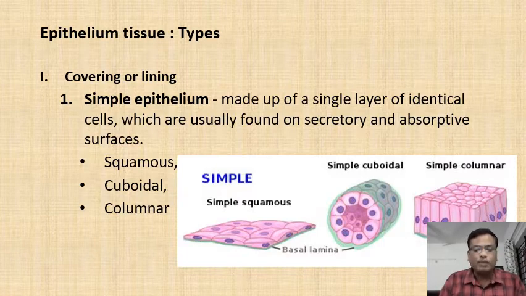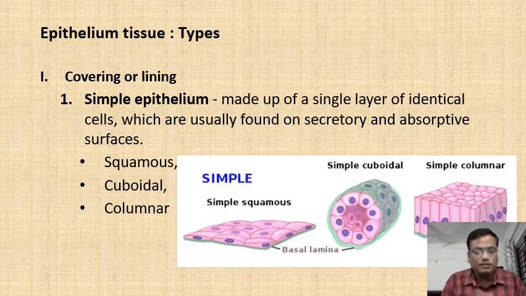In simple squamous, the cells are flat, and the middle part of the cell is normally bulged, and at the borders the cells become narrower. So this is the shape of the cells.